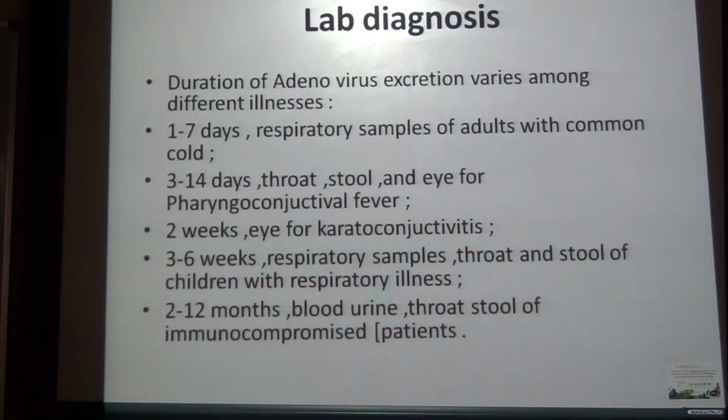It is 1 to 7 days in respiratory samples of adults with common cold, 3 to 14 days in throat, stool, and eye for pharyngoconjunctival fever, 2 weeks in eye for keratoconjunctivitis, 3 to 6 weeks in respiratory samples, throat, stool of children with respiratory illness, and 2 to 12 months in blood, urine, throat, stool of immunocompromised patients.